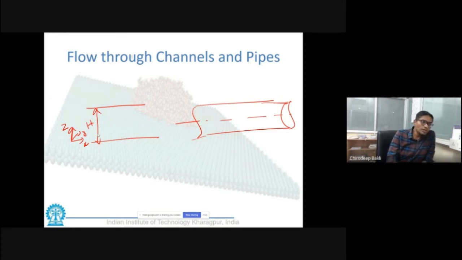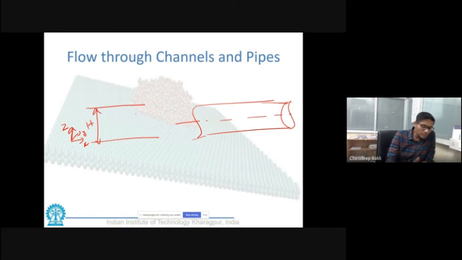So without going into the details of the partial differential equation, we try to do it for the most simple case. We do it for a case where this flow has come and it has evolved, and it is called fully developed.